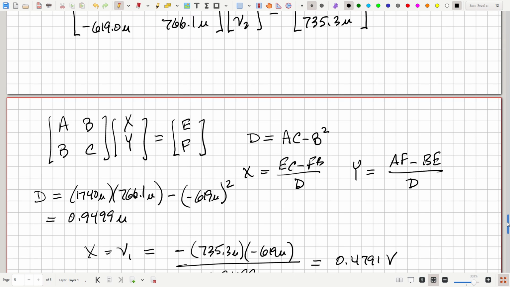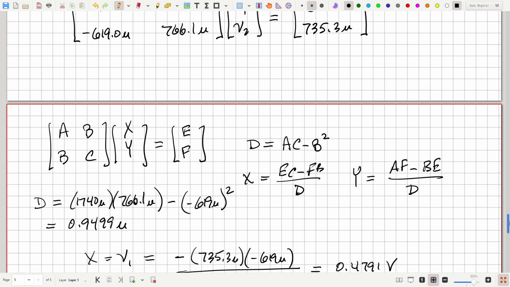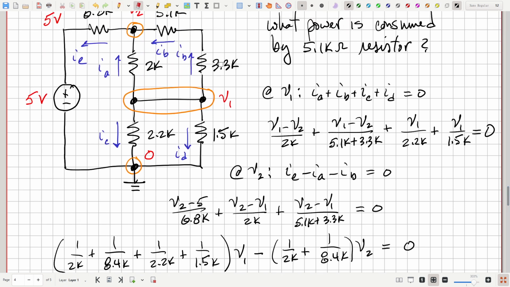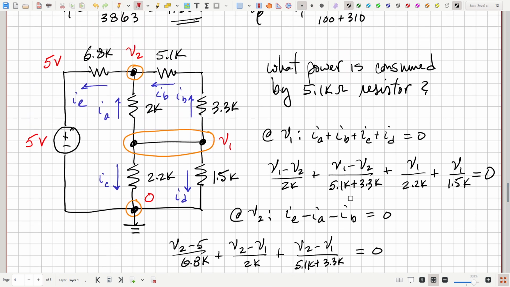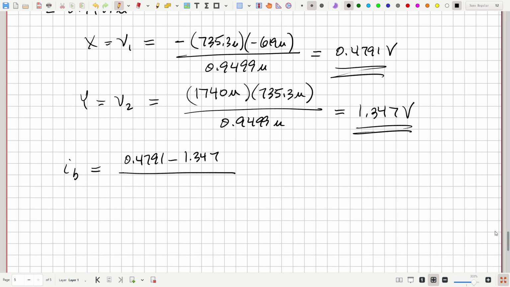Okay, so IB is equal to this voltage, 0.4791, minus this voltage, 1.347, over 3.3 plus 5.1K, which we said is 8.4K.